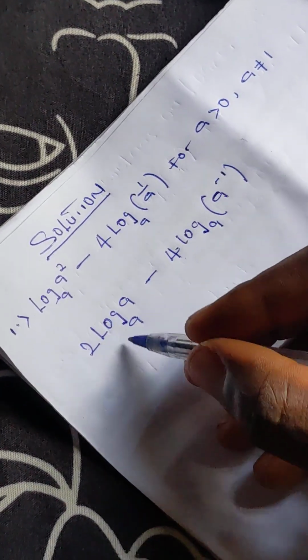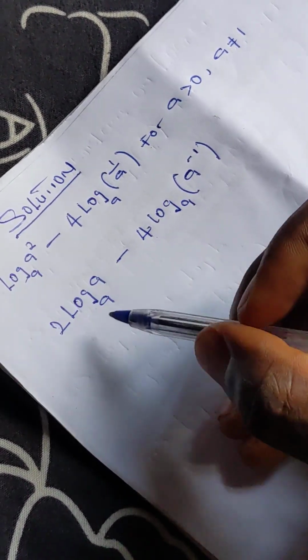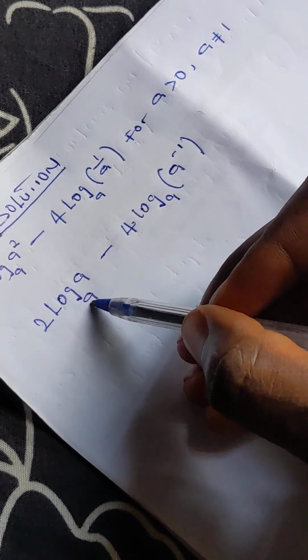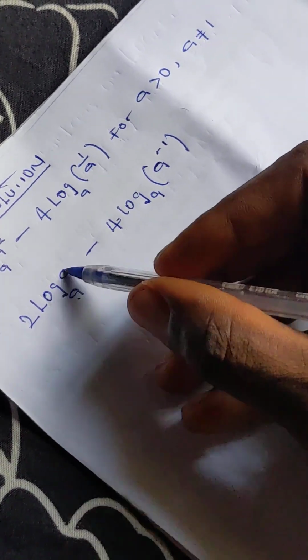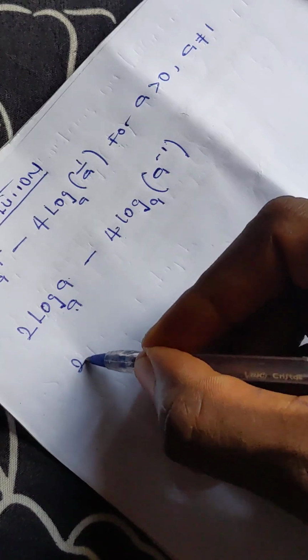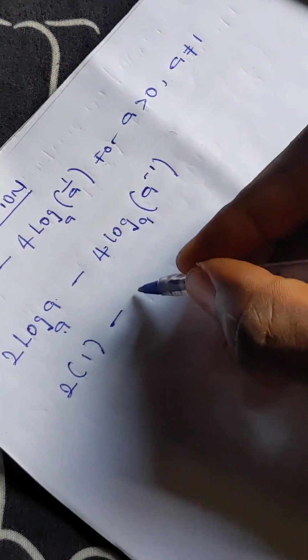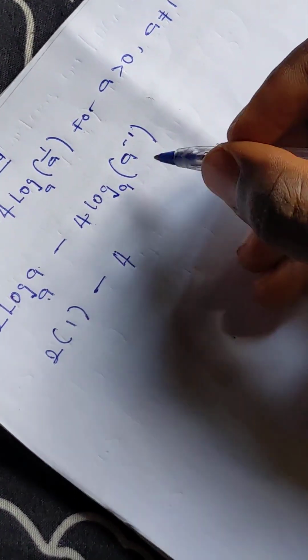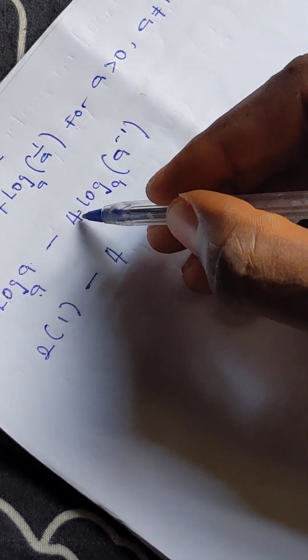So now looking at this very carefully, we said logarithm of the same base is 1. That's any log where the base is the same as the log will give you 1. So it means log A A is equal to 1. So we have 2 bracket 1 minus, what do we have here? This is 4. Now remember that if you use power law now, this minus 1 will have to come to the front of the log.